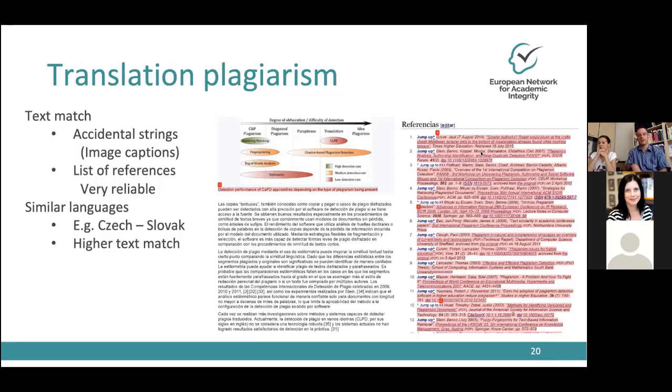This is something we don't translate. So translation plagiarism can be identified by these accidental strings, a list of references, and even though the percentage of text match is pretty low, it may lead you to the correct source of plagiarism.